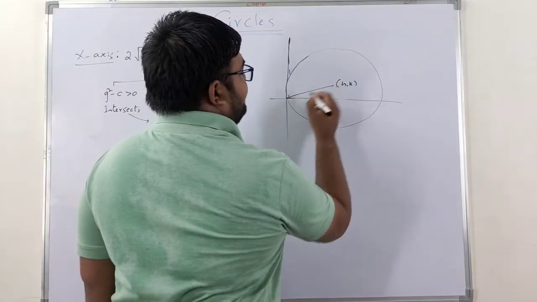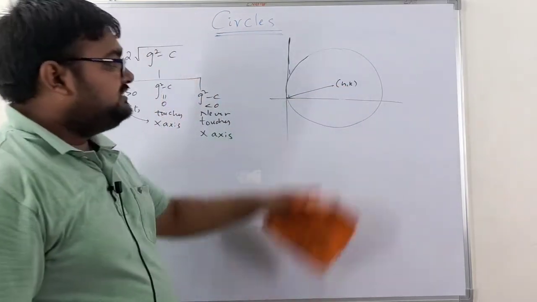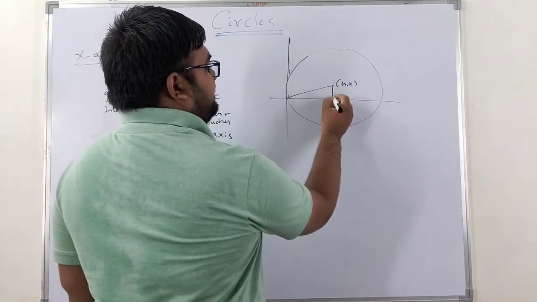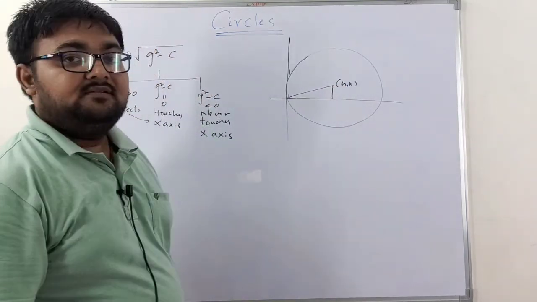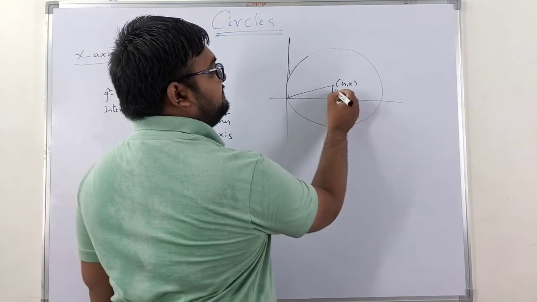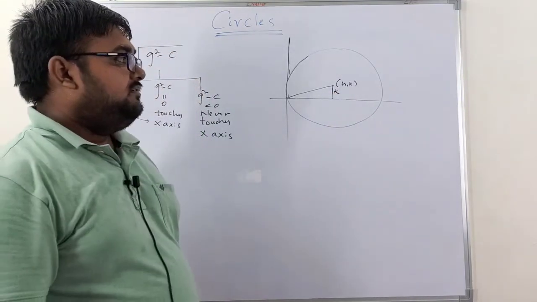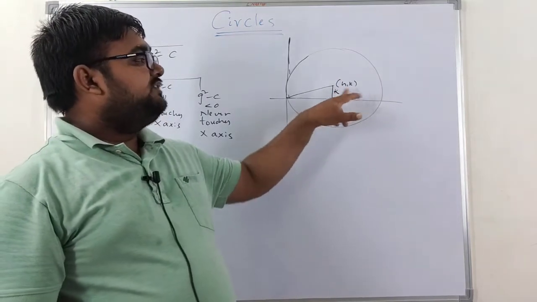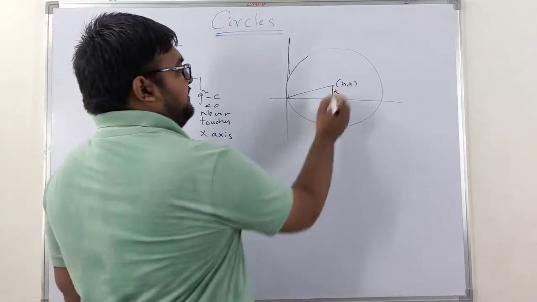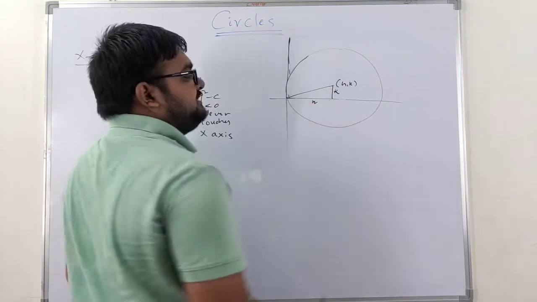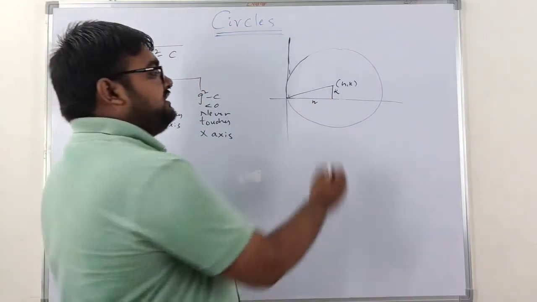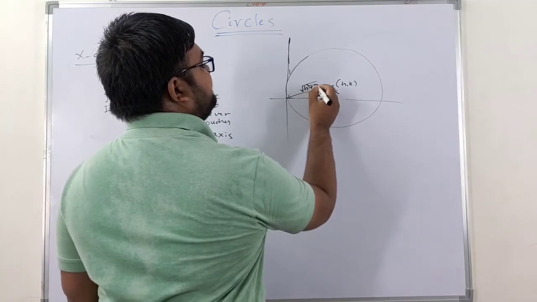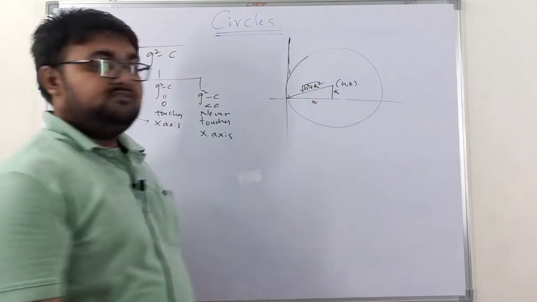This is nothing but the radius. The height is nothing but k, which is my y value. This length is h. Then what is my radius? The radius is the square root of h square plus k square, by Pythagoras theorem.